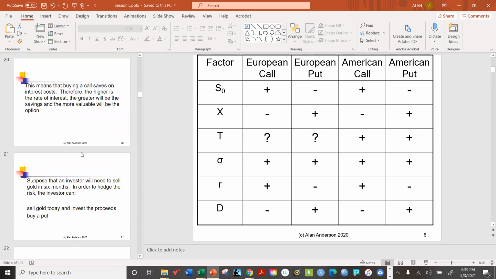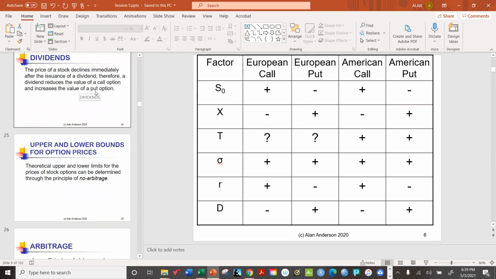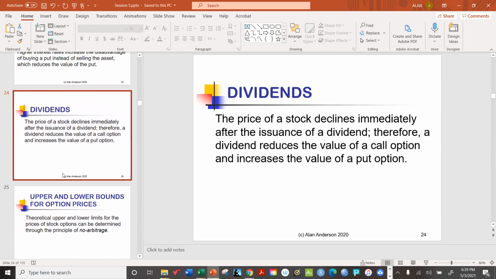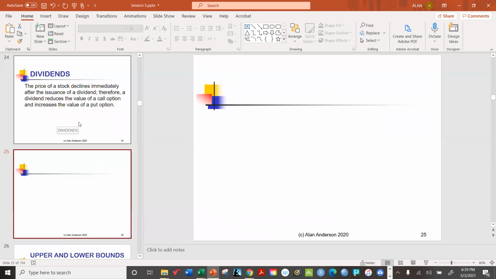Now, you're probably wondering, why is this happening? What kind of arbitrage would take place if the price of the stock doesn't fall by the full $2? Here's what would happen. By the way, with stocks, the day on which the dividend is declared, whoever owns the stock gets the dividend.